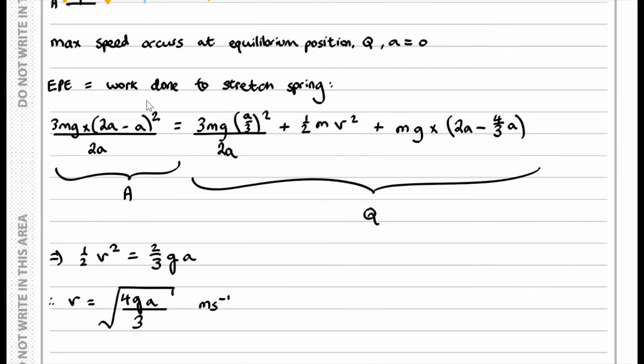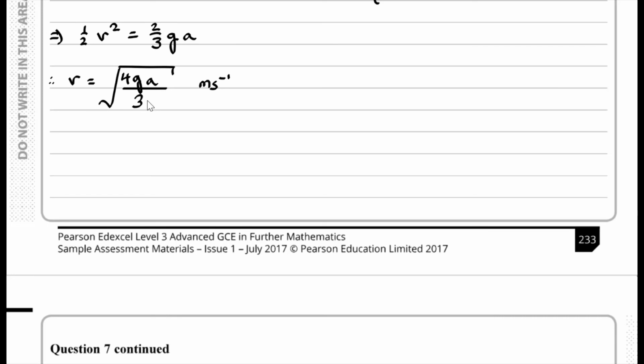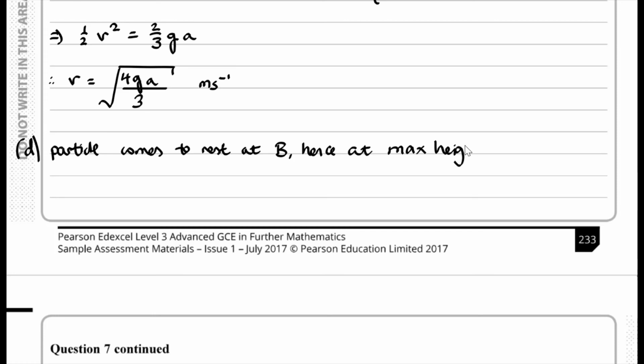Okay, so if we write this down, we know that the particle comes to rest at this point B, and hence at this max height h, the kinetic energy is equal to 0.